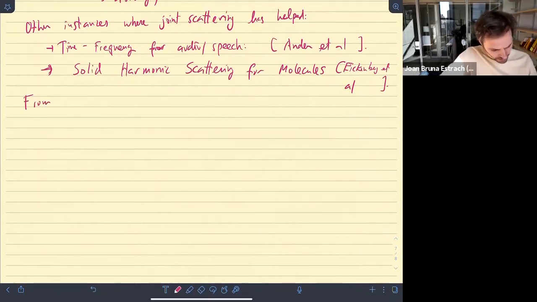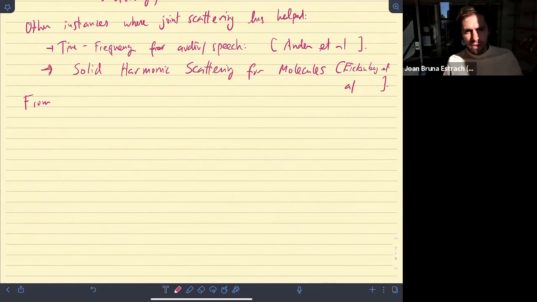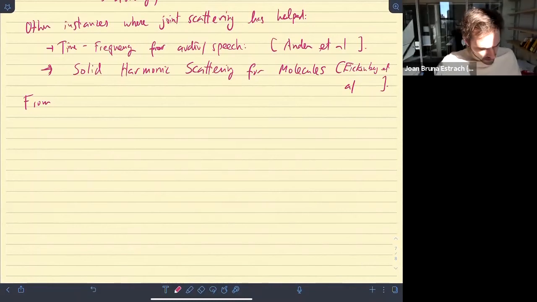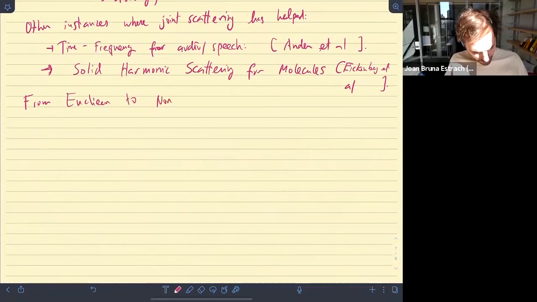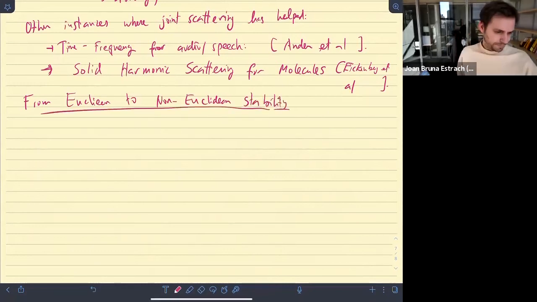This is really following this path of how can we make this thing a bit more general, right? So can these ideas give us a general way of thinking about problems where we have this invariance, stability, keeping information, even beyond these examples that we have described? It's like going from Euclidean to, let's say, non-Euclidean stability. Let me try to be precise about what I mean.